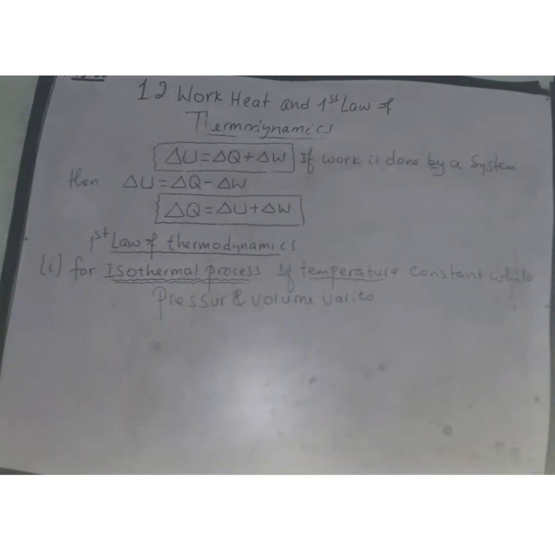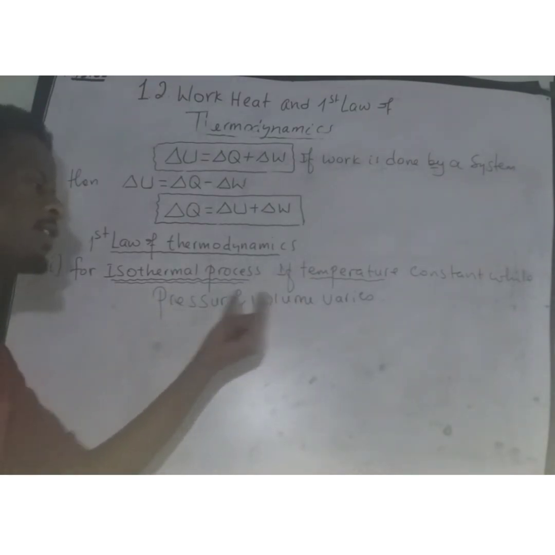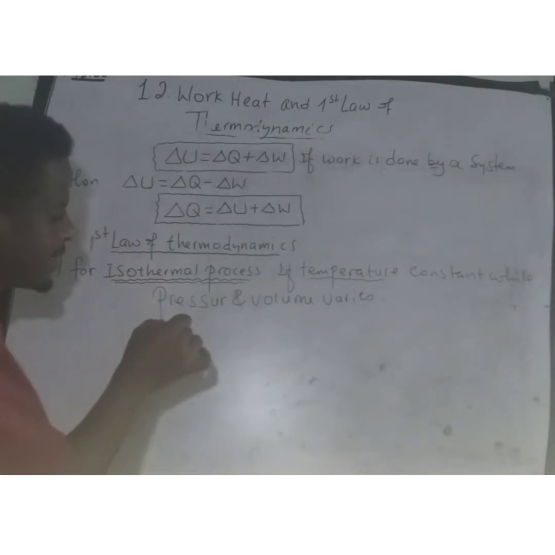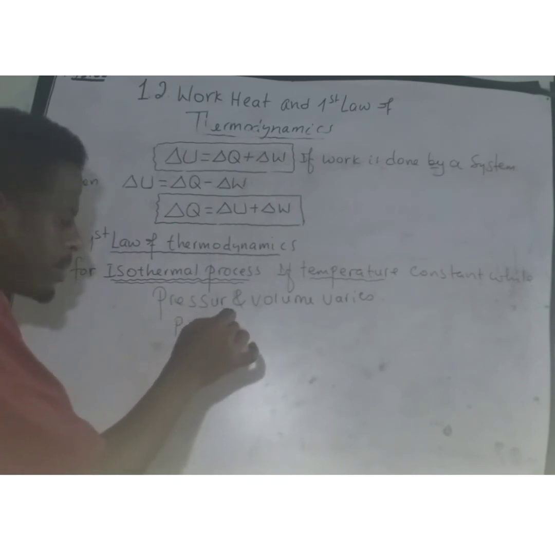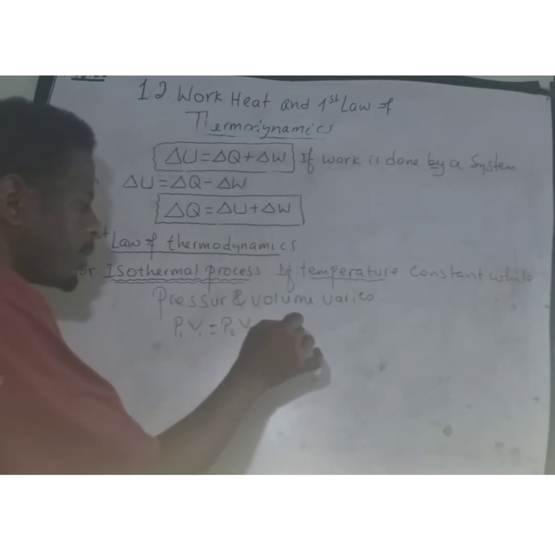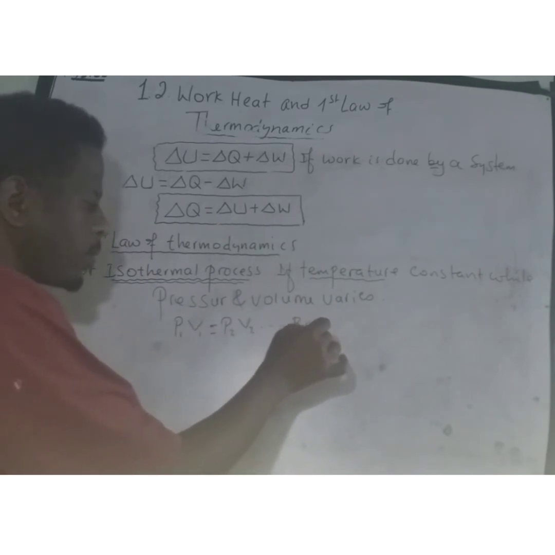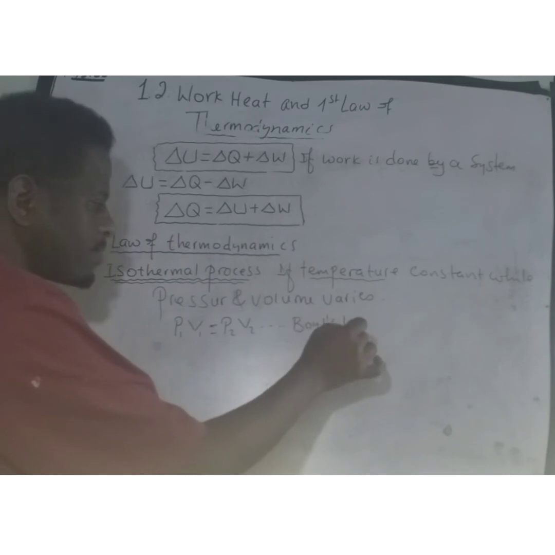Keeping temperature constant, there is a relationship between pressure and volume, and this is P1 V1 equals P2 V2. This is what we call Boyle's law.